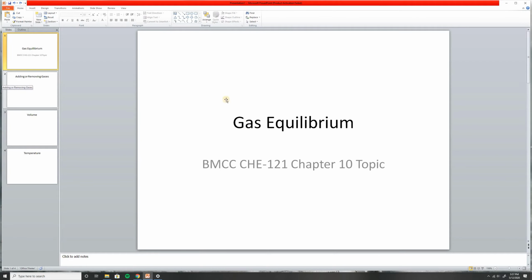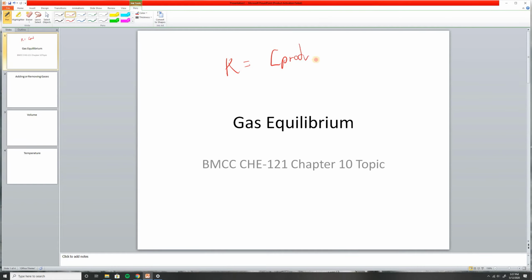So remember equilibrium constants where K equals the ratio of the concentration of products over reactants.